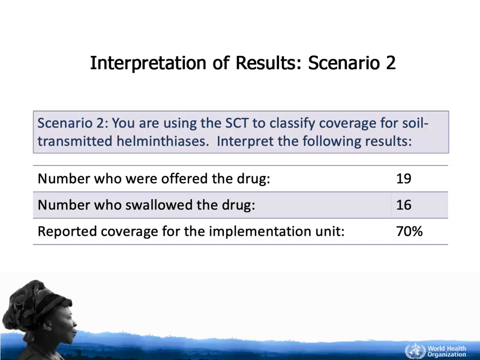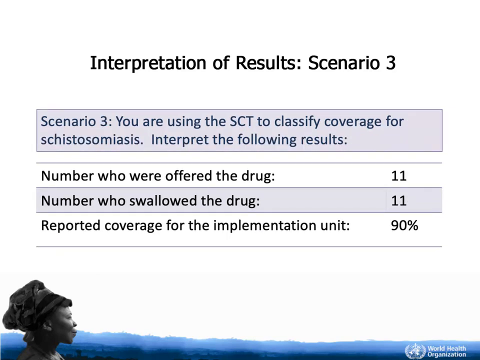In Scenario 3, we can see that the reported coverage for this program is high, at 90%, but only 11 out of 20 people surveyed were both offered and swallowed the drug. Looking at the decision table for schistosomiasis, we can see that 11 falls under the category of inadequate coverage, indicating that follow-up actions need to be taken immediately.